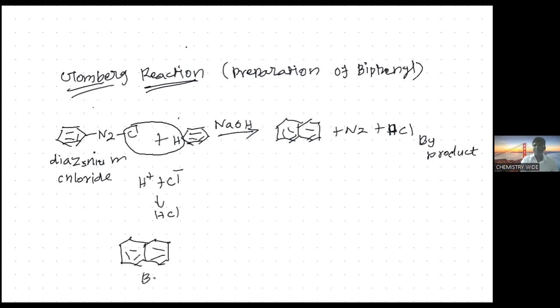Because we have 2 phenyl groups, bi means 2, it is called biphenyl.